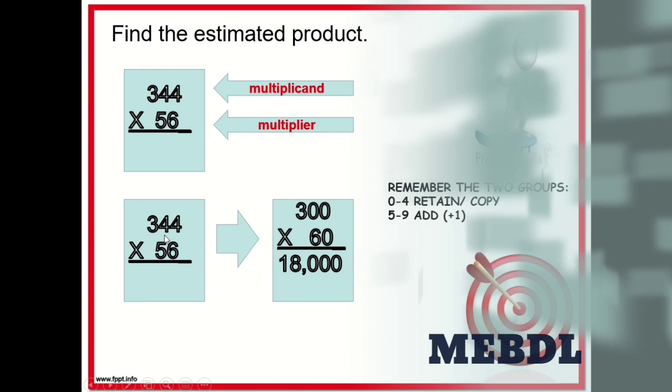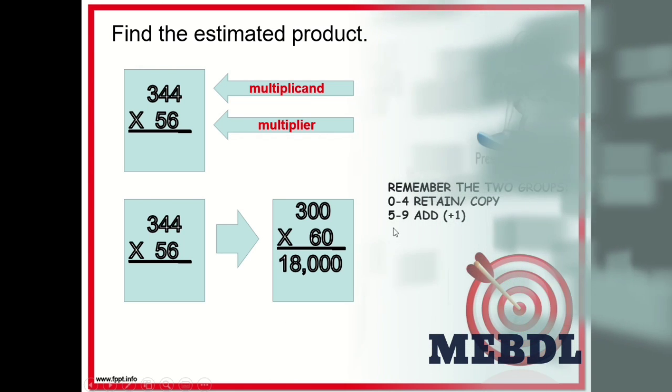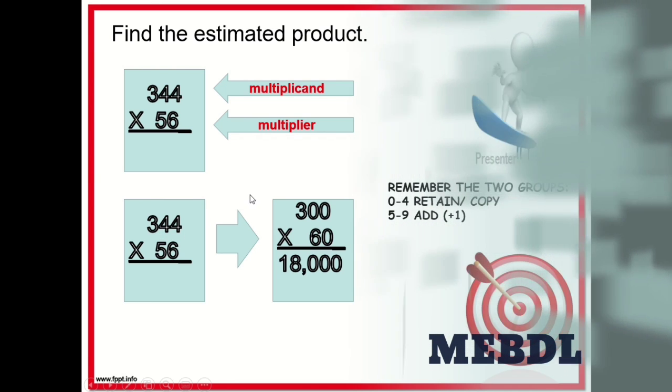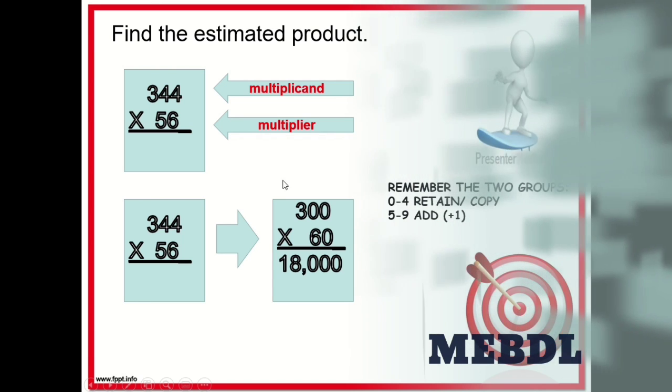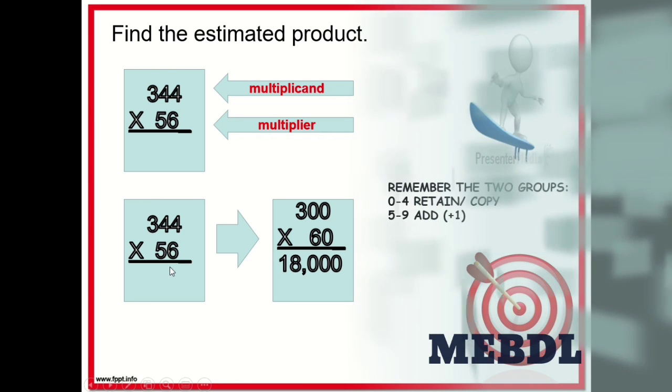Beside 3 is 5. 5 belongs to the 5 to 9 group. Beside 5 is 6. 6 belongs to the 5 to 9 group. So 3 will be retained and all numbers that come after become 0. So 5 will become 6 and all numbers that come after become 0.